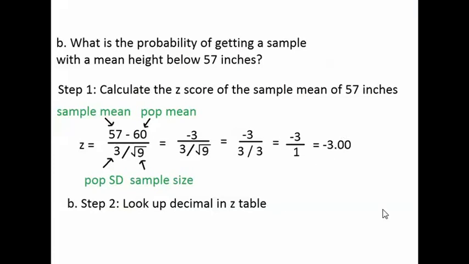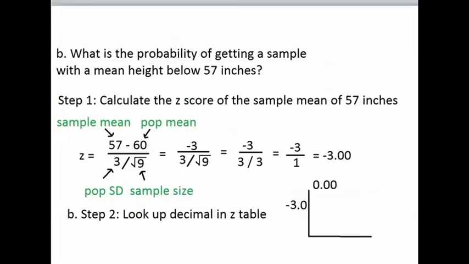Now that we have our z-score, we can go to the z-table and find the answer to the question. I actually haven't shown you what a z-table looks like yet, but I created a little mini z-table on the slide. When you go to the z-table, you have to break up the z-score that you calculated into 2 separate parts. The negative 3.0 tells you what row to use, and then this last digit right here tells you what column to use.